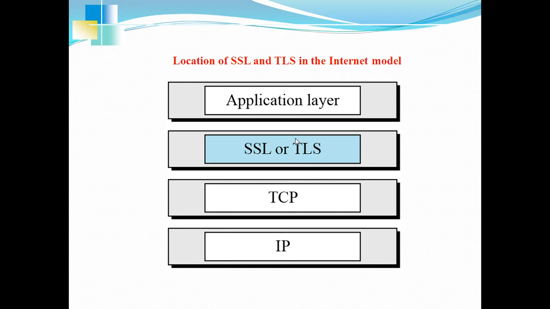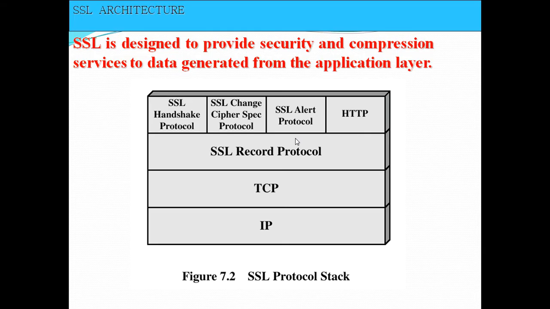SSL is nothing but a simple mediator between the transport and application layers, providing secure connections and security to the data transferred between web browsers and web servers. The browser location will be specified here.